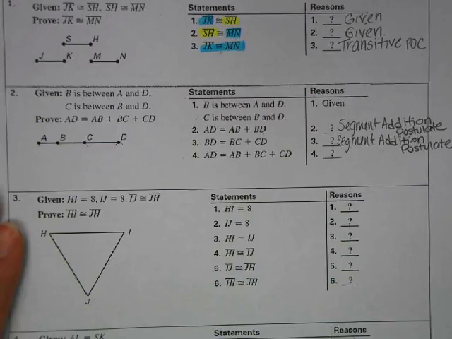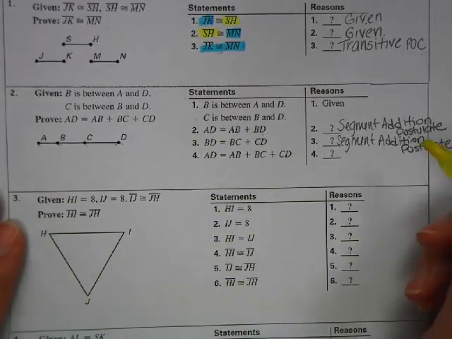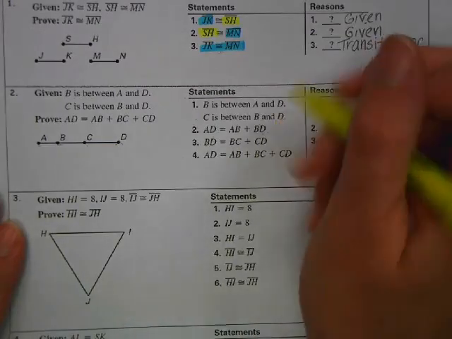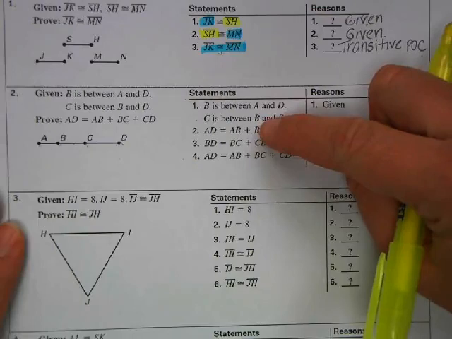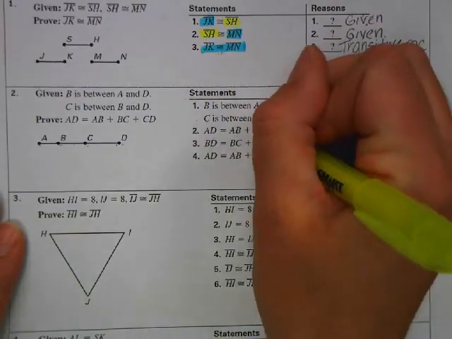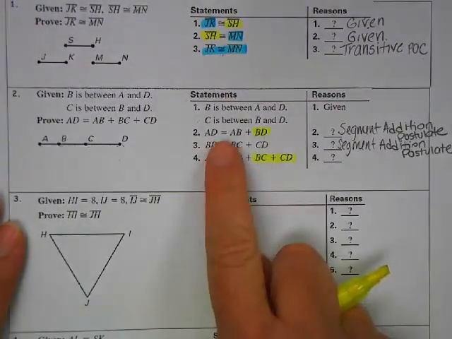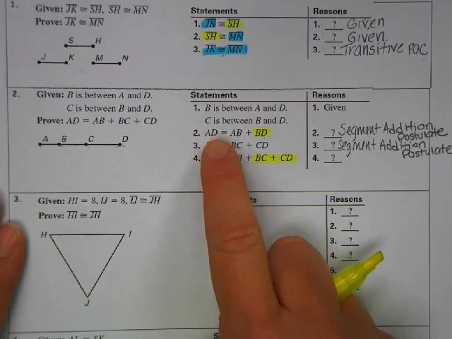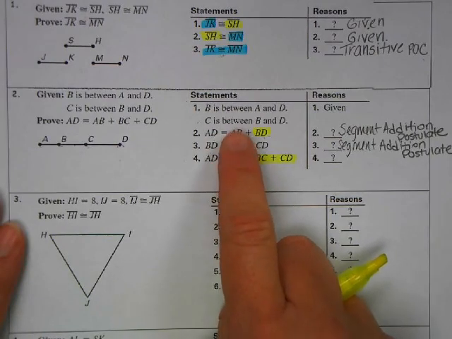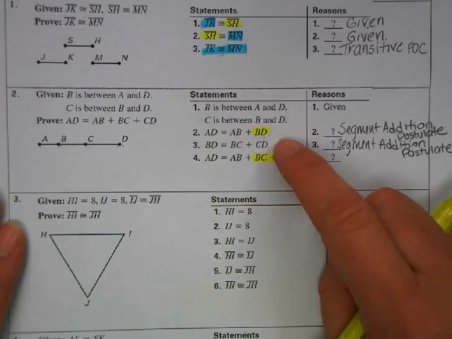And now this last step might have been a little bit challenging, but basically if you look at the second and fourth line, notice that BD was replaced. So AD in lines 2 and 4 are in the same spot. AB in lines 2 and 4 are in the same spot. But BD is no longer there.